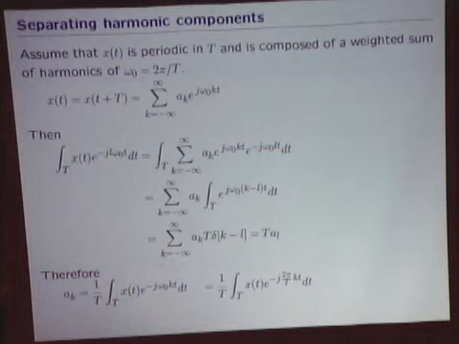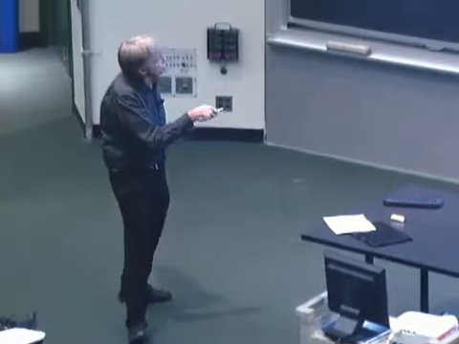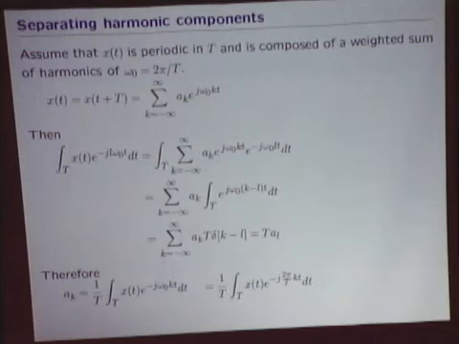We'll see in a minute what I mean by sift out and why I'm using minus instead of plus. If you run this integral over a period, and imagine for the moment that all the sums are well behaved so the convergence issues are trivial, then I can swap the sum and the integral.